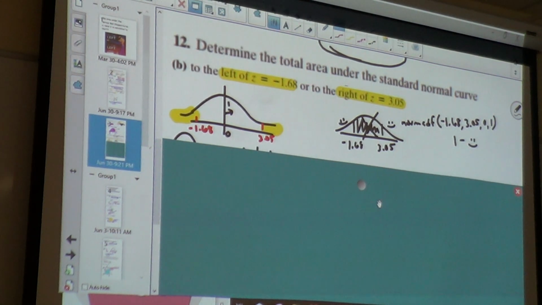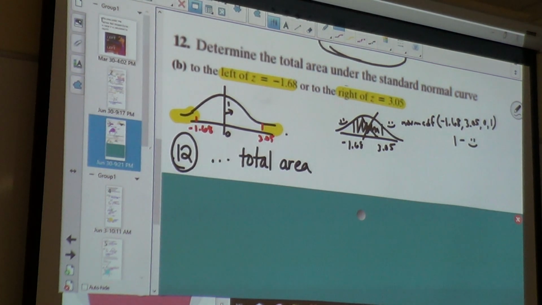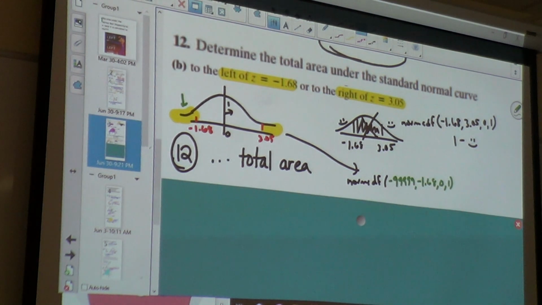Or you could say, let me just do it the way it is. Let me do it as two separate problems. I would be happy if it's on the left, or I'd be happy if it's on the right. So you could do a normal CDF. Let's do the left one first. Where did I start shading? Negative 99999, comma, negative 1.68, 0 and 1. Okay? Plus, because it could be this one or it could be the other one. Normal CDF.